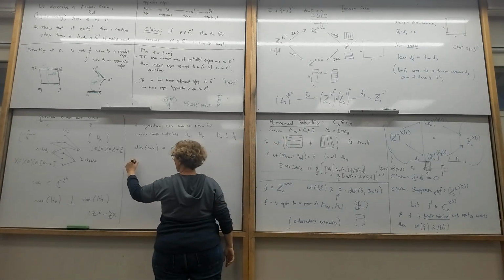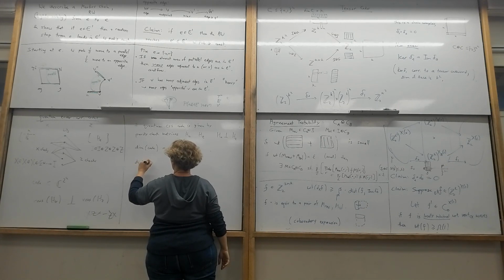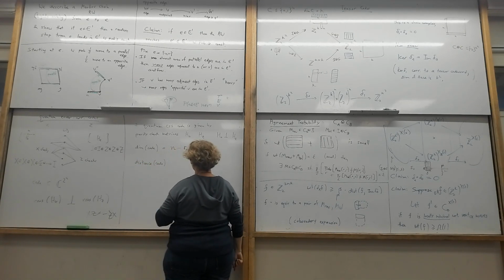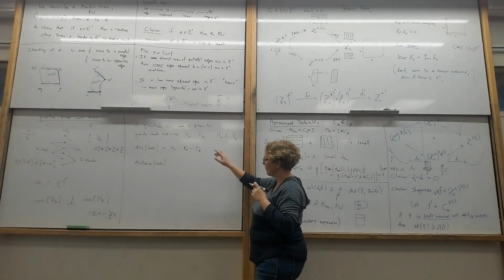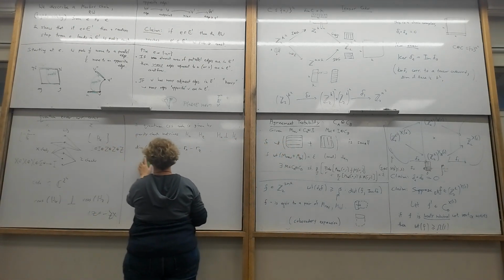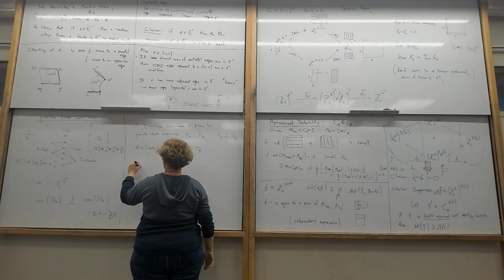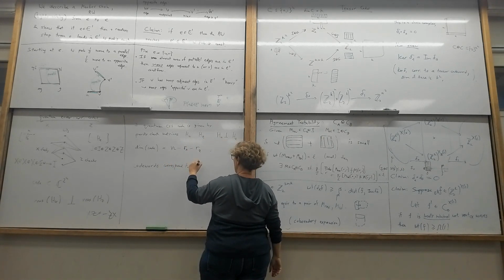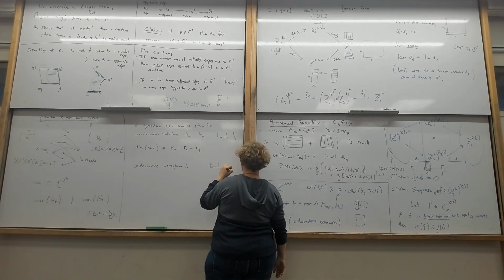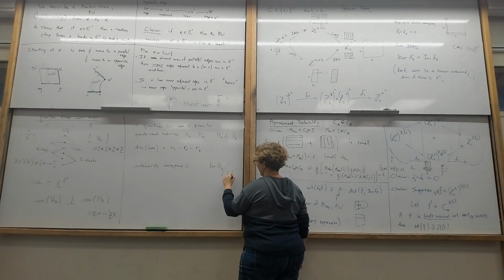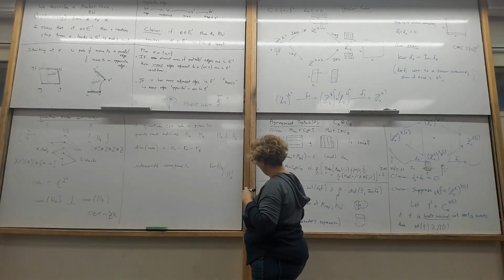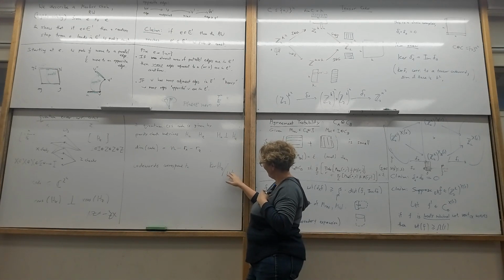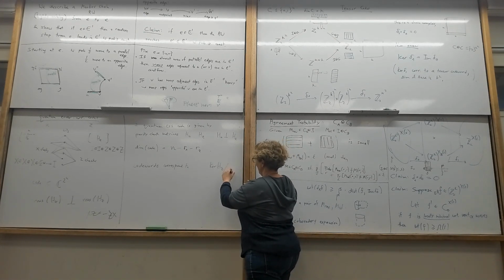And the distance of the code. Before I say about the distance, I'll say that every code word corresponds to the kernel of HZ divided by the transpose of HX, I think.